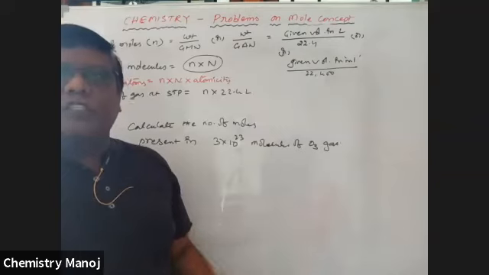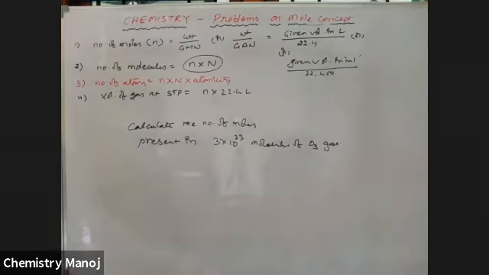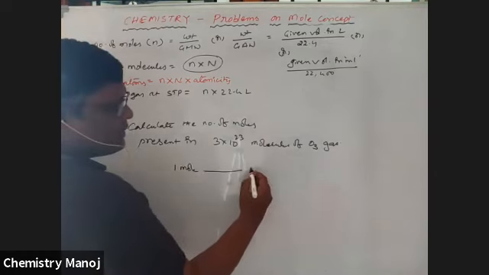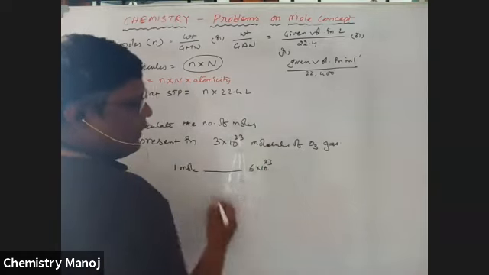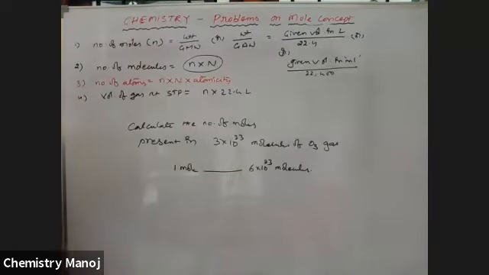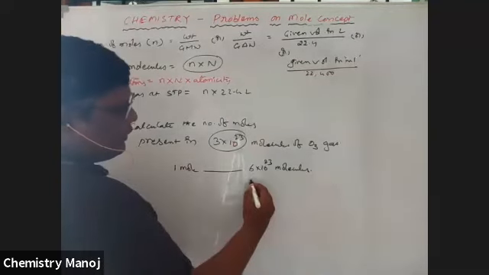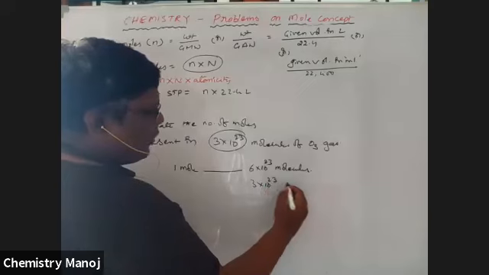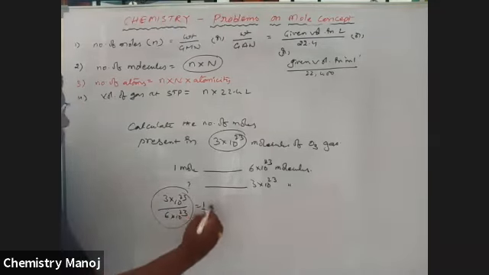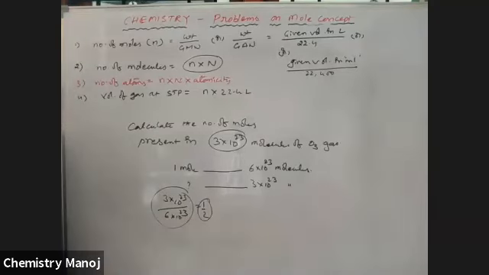As we know that 1 mole of any gas contains 6 into 10 power 23 molecules. Now, how many molecules are given? 3 into 10 power 23 molecules contains how many moles? That is 3 into 10 power 23 by 6 into 10 power 23. This is equal to 1 by 2, half mole.